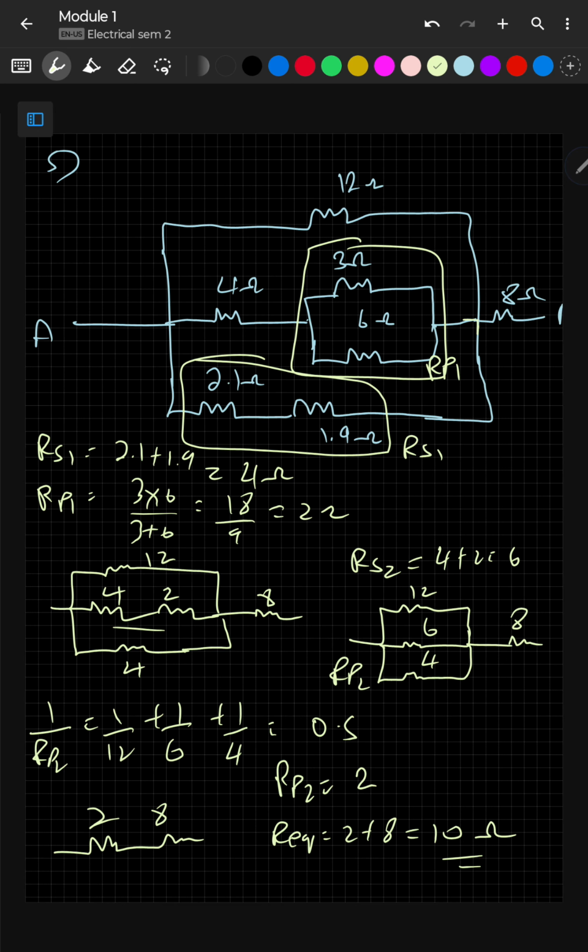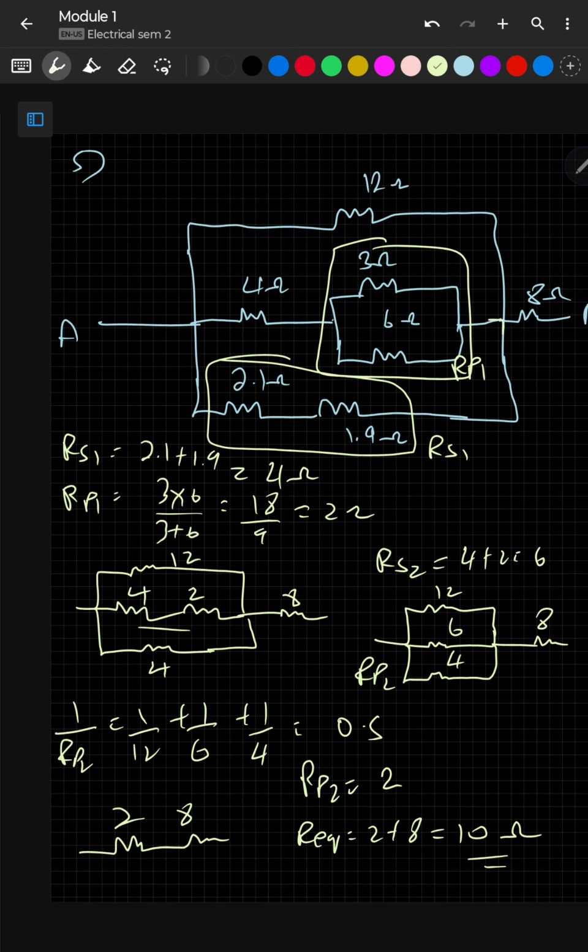Important that you read the circuit in each and every step. Now we have the hardest question of all of these questions. That is slightly hard, so we'll have to go very slowly. Do not rush it. Drawing it is also hard. I'll take some time. Just give me some time.